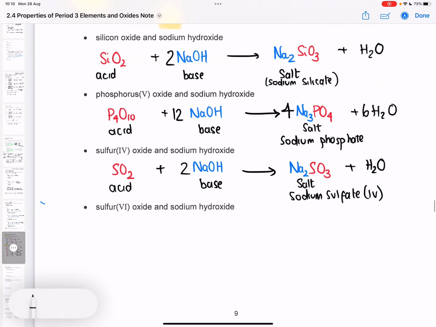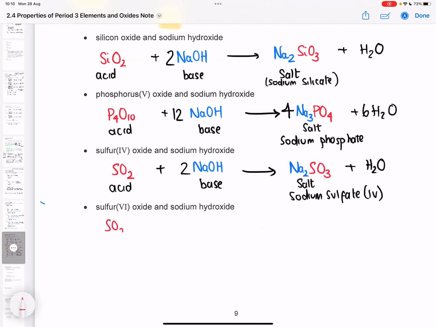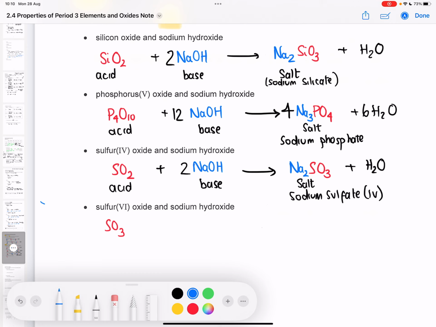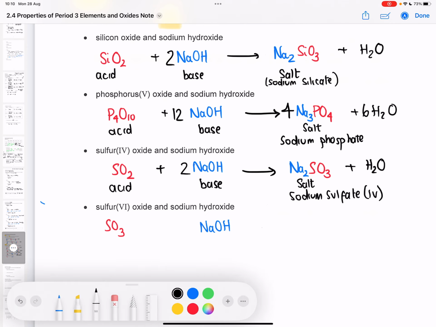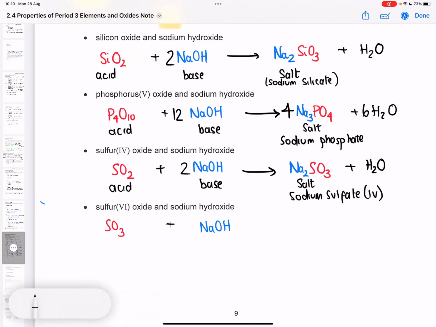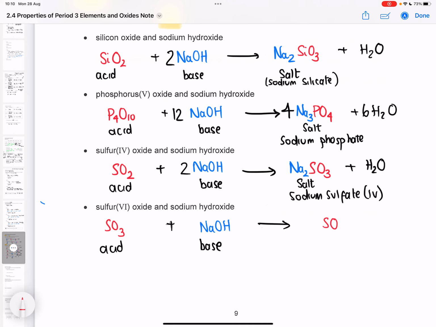And then we'll do our last one of these. We've got sulfur trioxide as our acid, sodium hydroxide as our base, and then we're going to make our salt. Remembering that our anion is coming from our acid, so SO3 becomes SO4 2-.